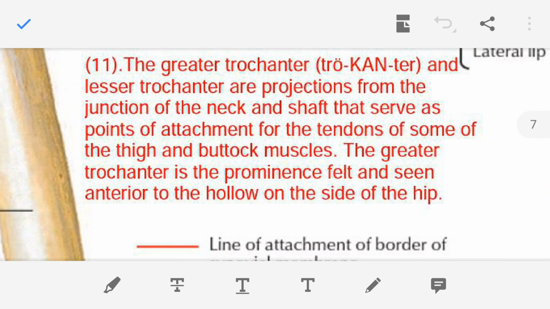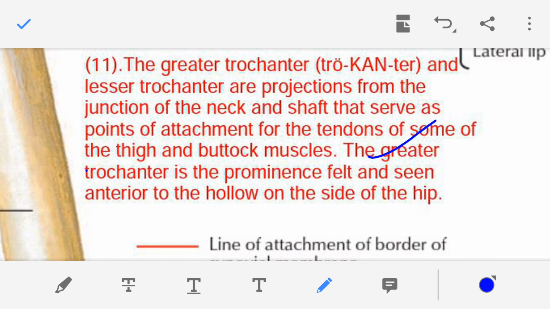Now the greater trochanter is the bulged out area or prominence or process which can easily be felt and is easily visible.